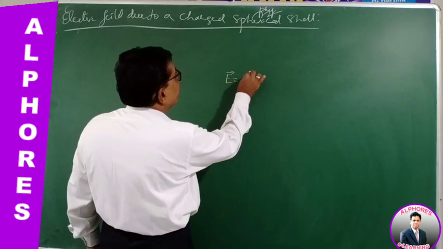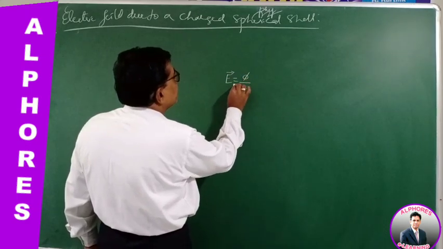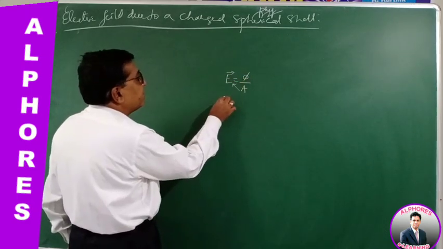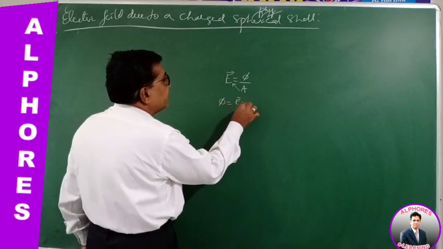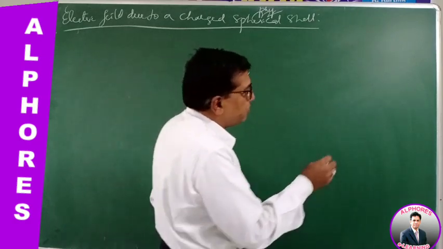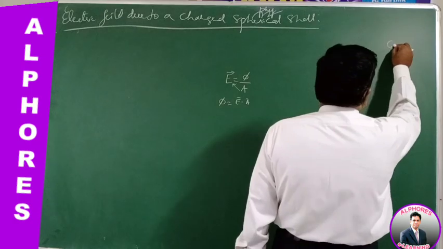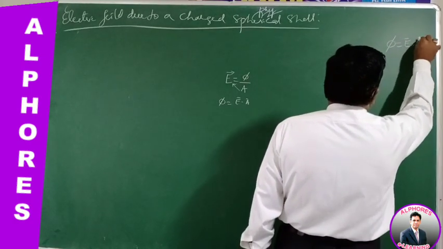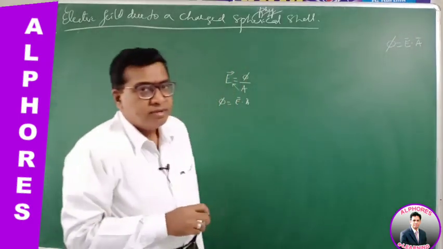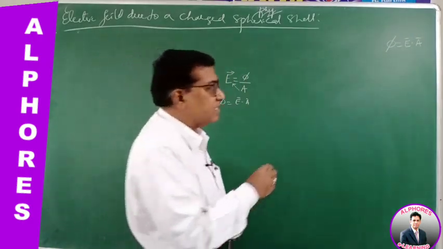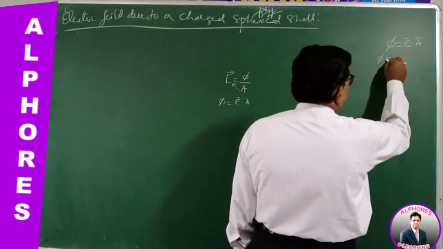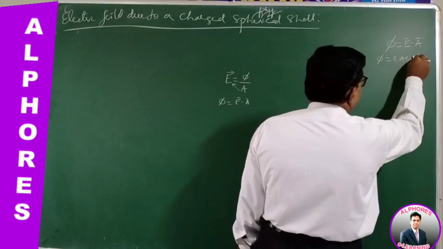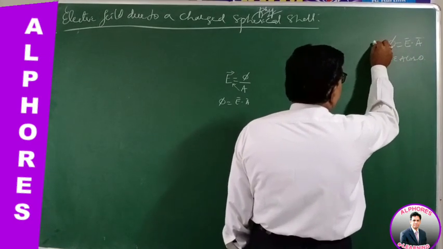So E is equal to phi by A. Cross multiplying, I get flux as E dot A. So the first useful formula we need is flux phi is equal to E dot A, that is, EA cos theta. This is in a uniform electric field.